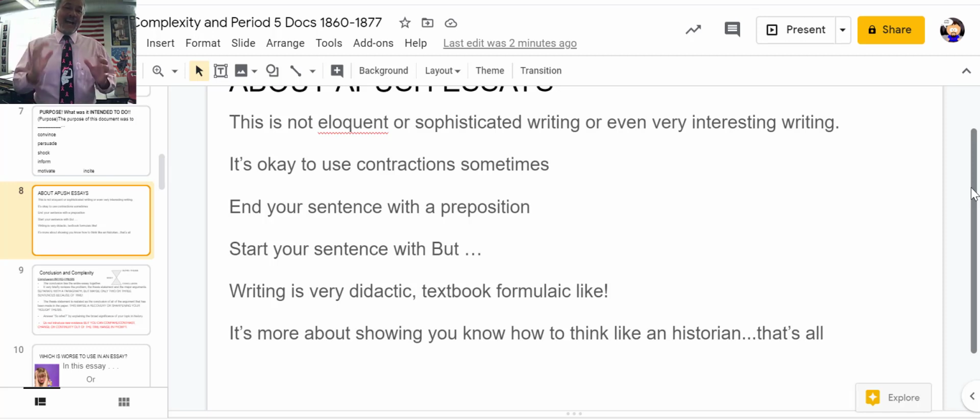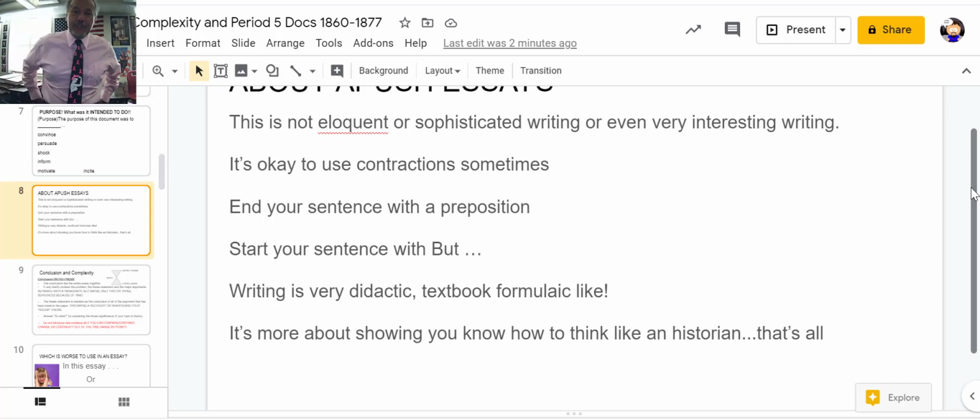But it's not that, and some of you are good creative writers too. You're almost like amateur novelists already, that you know how to create a story, plot, crescendo, like the denouement at the end and all that kind of good stuff that you learn in English. This is not that type of writing or essay writing. It's okay to use contractions sometimes.